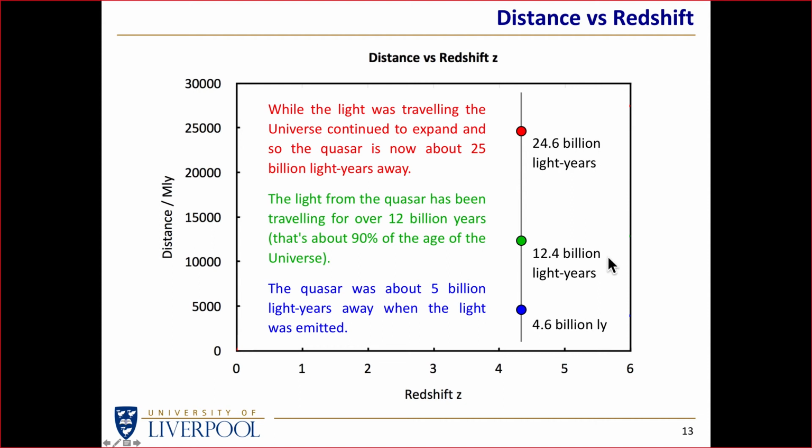So it's receded by a distance of 20 billion in a time period of 12 billion. That means 20 divided by 12 is more than 1. That means this object is receding from us faster than the speed of light. In fact, it was receding from us at about twice the speed of light, and it still is receding from us at about twice the speed of light. That is a very sobering thought in itself.